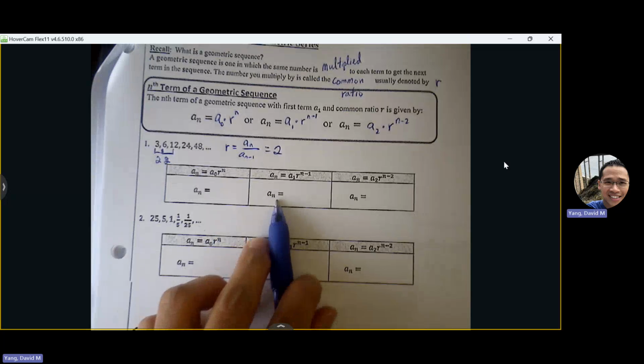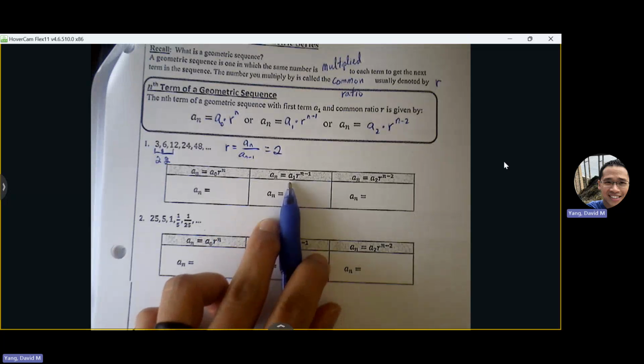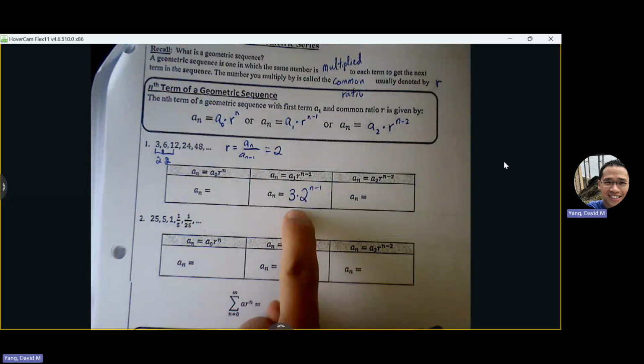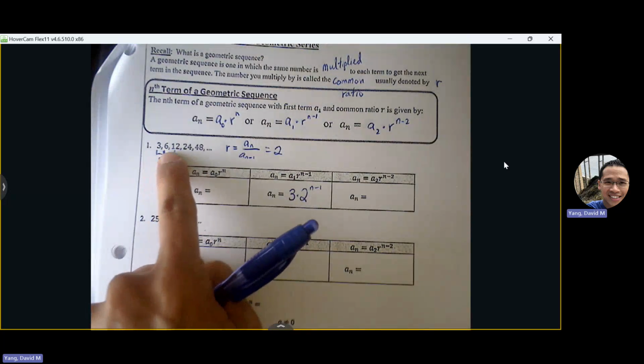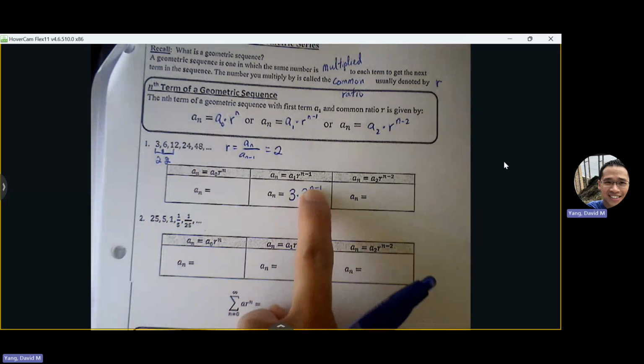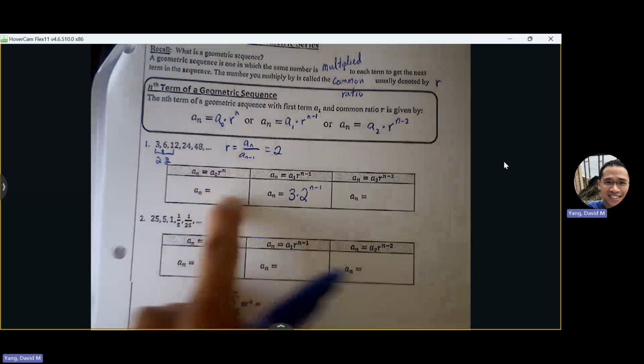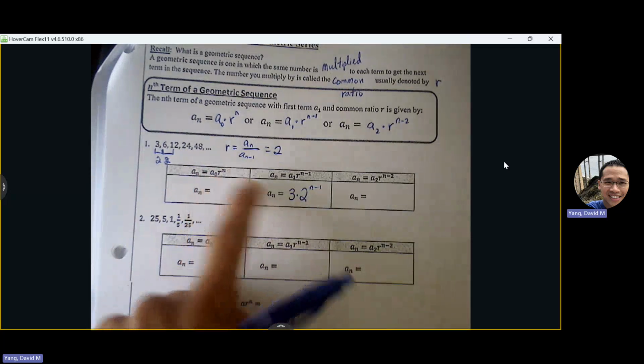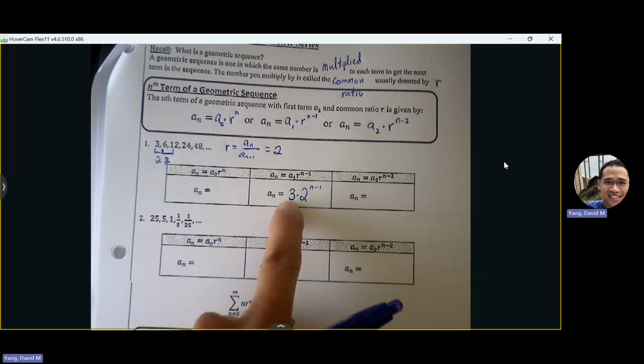This one feels more straightforward here. a sub n equals a sub 1 times r to the n minus 1. My a sub 1 is 3, so it's 3 times 2 to the n minus 1. This formula will get me to the 3, 6, 12, 24, 48. If I start off at n equals 1, it'll give me that first term. n equals 2 will give me my second term. It also works with the other formula, but I do need to find the term before 3, so I've got to divide 3 by 2.